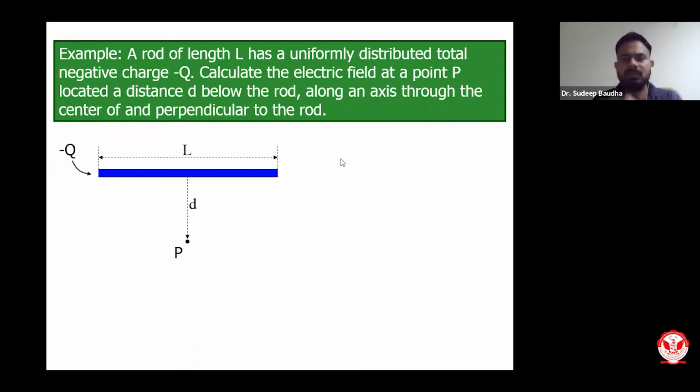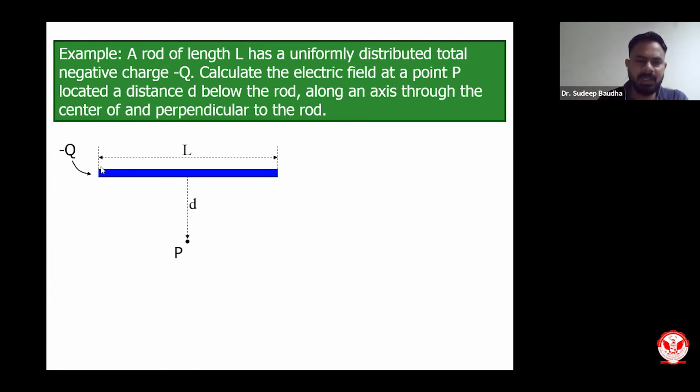Fine. So I'm going to demonstrate how to calculate the electric field at a point which is at a distance d from the rod, and it lies on the bisector of that particular rod. The formulation of the geometry is explained in the diagram.